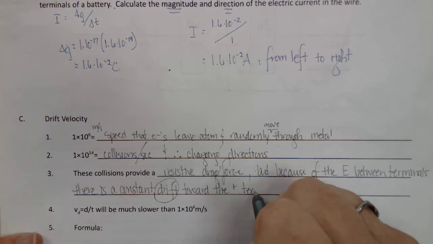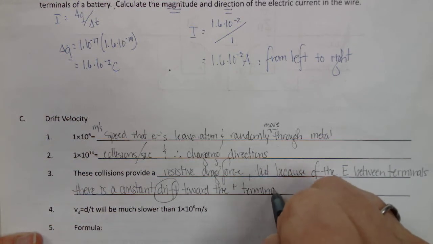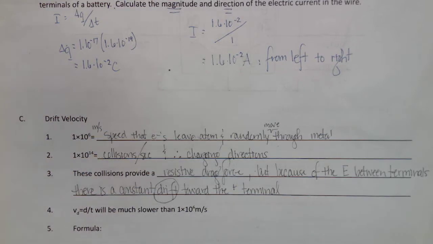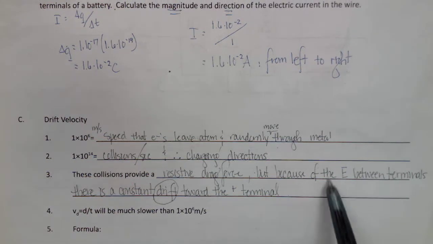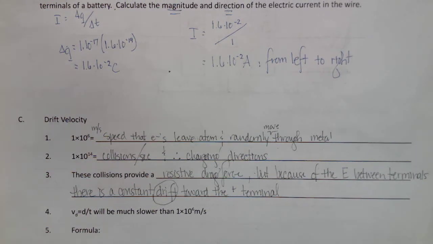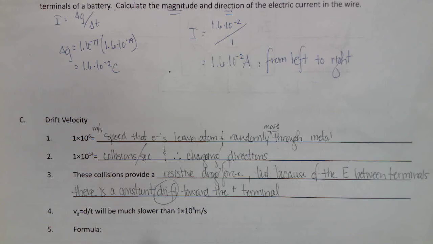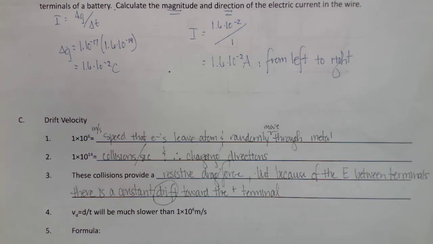Now, there's a lot more I could be saying about this. Actually, because there is an attraction, a pull by the field on the electrons, that pull is a force. And it's going to cause them to want to accelerate towards the positive. But there is that net drag force that balances that out.